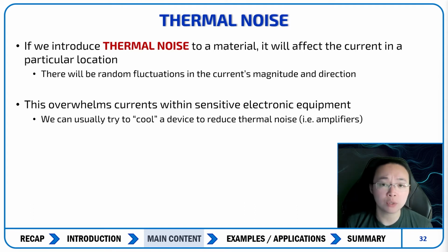So whether you have computers, or a tablet or a phone, or even some sort of interface that's controlling a large device, we usually try to cool a device so that we can reduce the thermal noise for our applications.